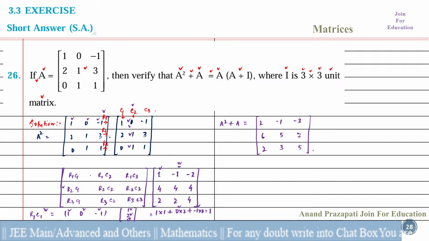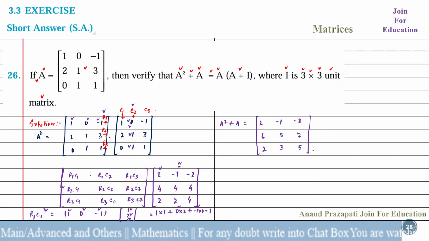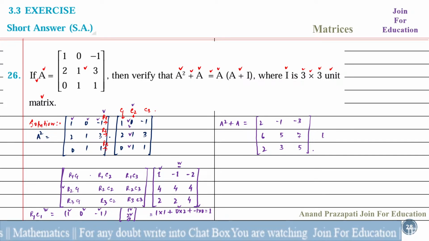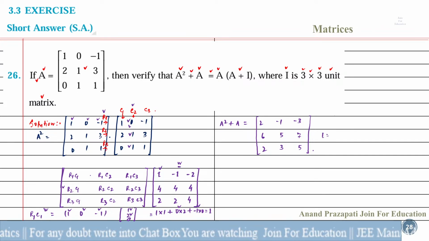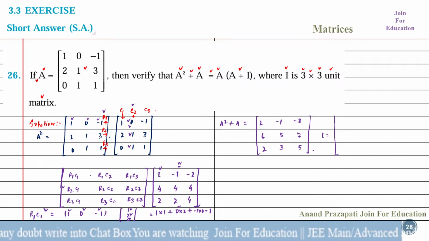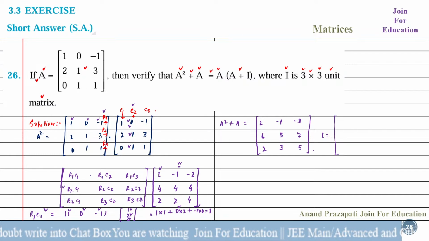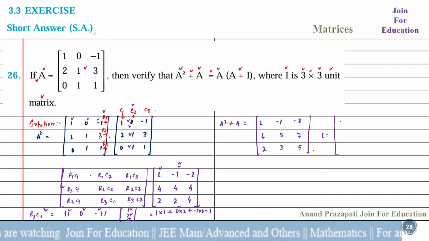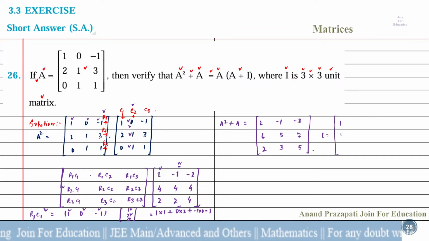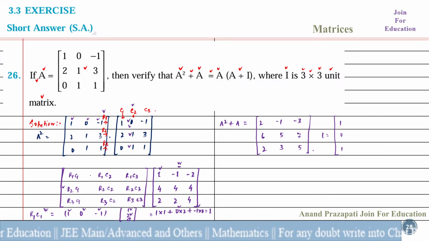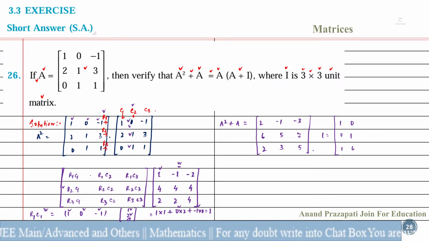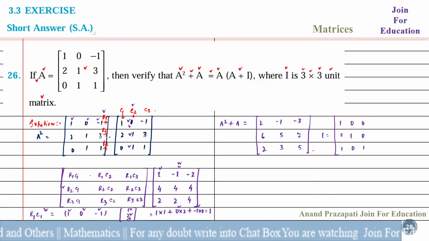So A plus I, so I will be here, write down. I means identity matrix or unit matrix according to the question. The order of this unit matrix is 3 by 3. So we write down here 1, 0, 0, 0, 1, 0, 0, 0, and this is the 1.